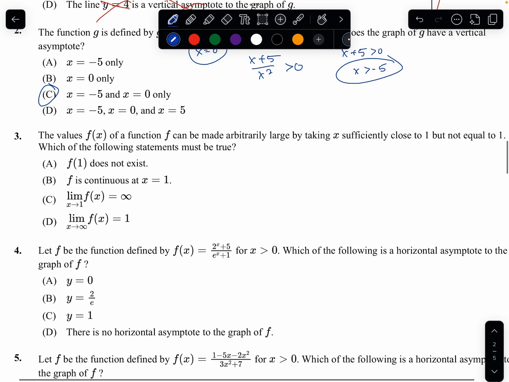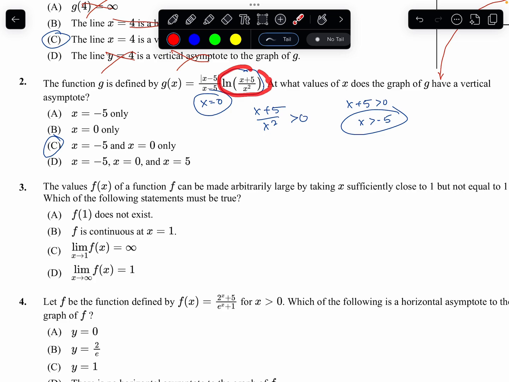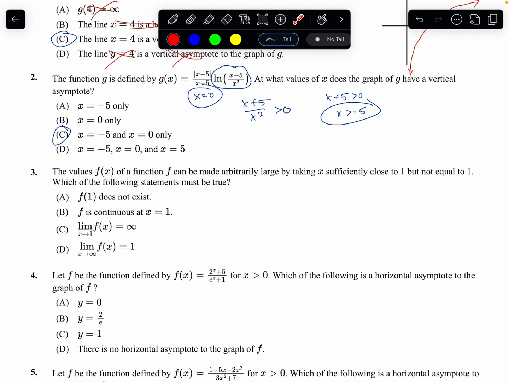Okay. So going back to your algebra, knowing the domains of functions is always going to be beneficial when you're doing problems in calculus. The values of a function f can be made arbitrarily large, so positive and negative infinity, by taking x sufficiently close to 1, but not equal to 1.